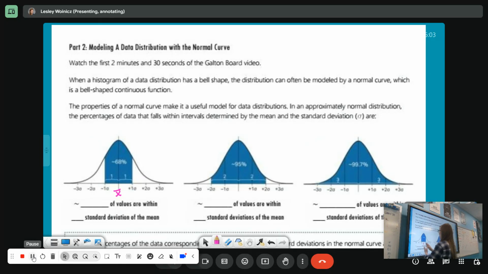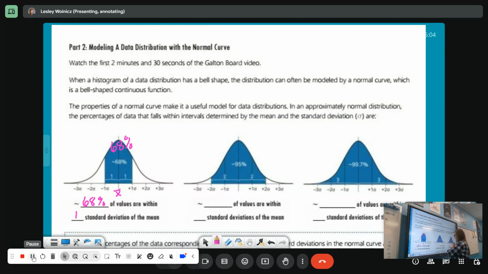Now, if you take your mean and either add or subtract one standard deviation, that means you will have 68% of your data falling within one standard deviation. So this is 68% of your values are within one standard deviation of the mean.